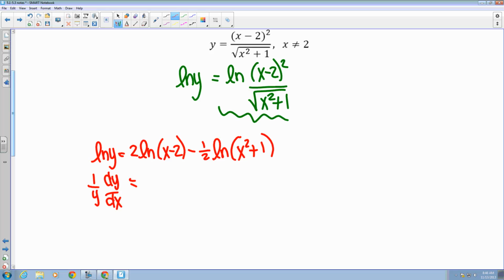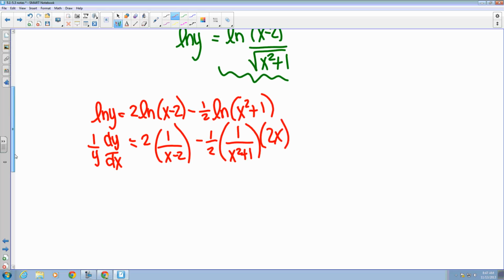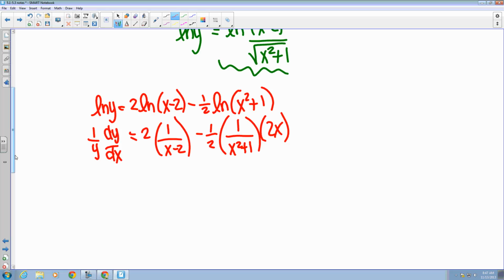Take the derivative of the right side: 2 times 1 over x minus 2, minus 1/2 times 1 over x squared plus 1 times 2x. Simplify a little bit. Two over x minus 2, minus x over x squared plus 1.